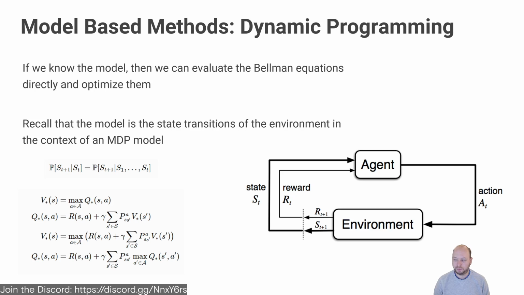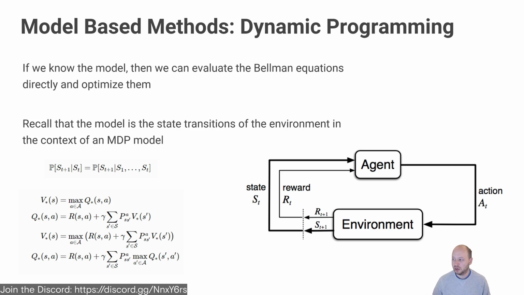And we're in the context of the Markovian assumption, being that the probability of the next state is the same regardless of the states that came before our current state. In other words, the past doesn't matter, only the future matters.